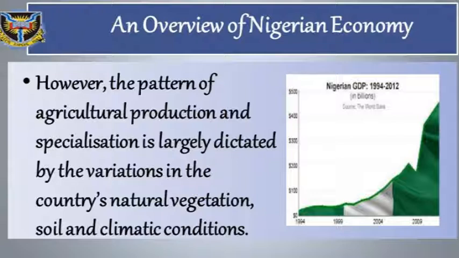Jos, the capital of Plateau State, has most of the metallic minerals such as tin, columbite, lead, and zinc. The mining of these minerals represents a sizable proportion of the world's output. More so, the mining of lead and zinc is observed in Abakaliki in Ebonyi State and in Owerri in Imo State.